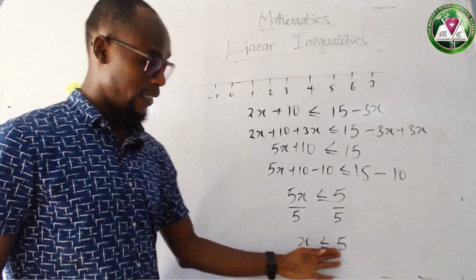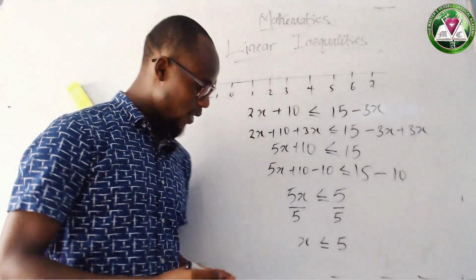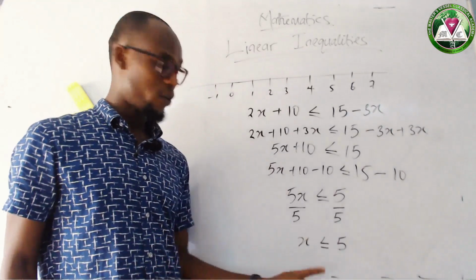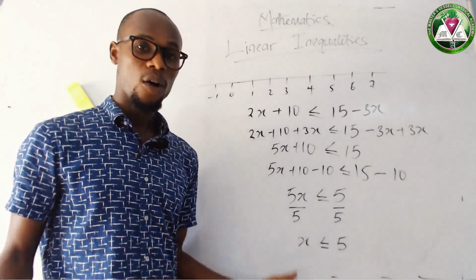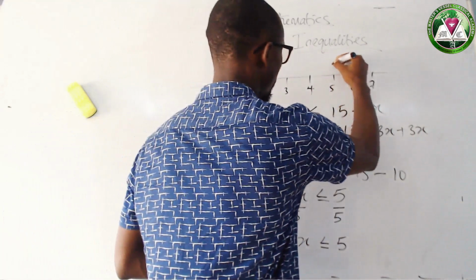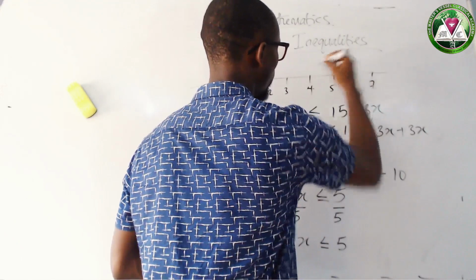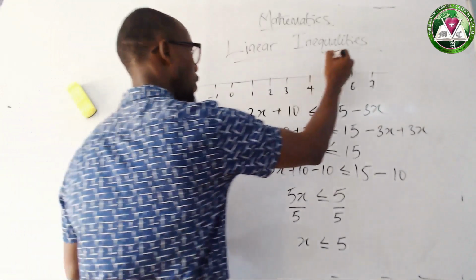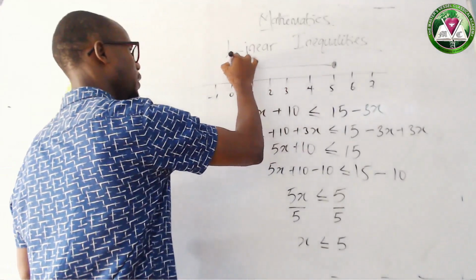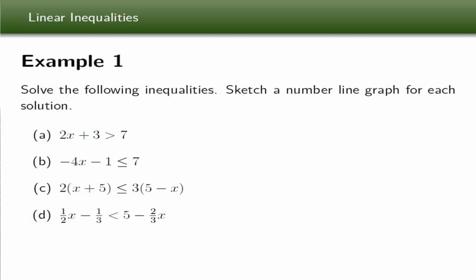Our endpoint here is 1. And definitely our circle is going to be a closed one because this is less than or equal to. So we'll draw our endpoint on 1, a closed circle, and then our arrow will turn towards the left hand side. We'll draw our arrow. And this gives the diagram for this solution. This is the sketch, the number line for the solution.